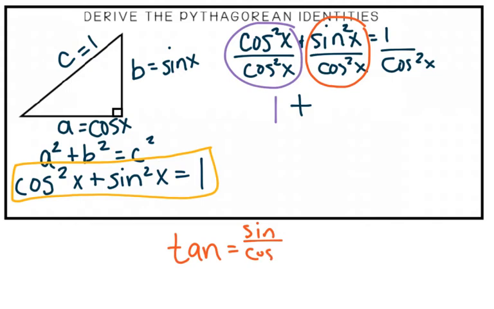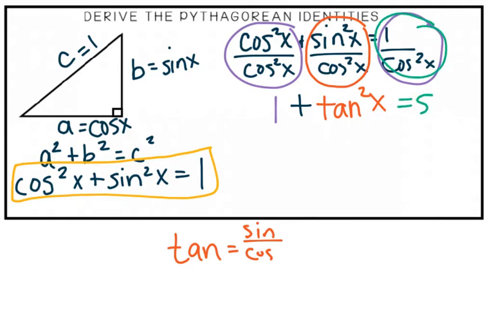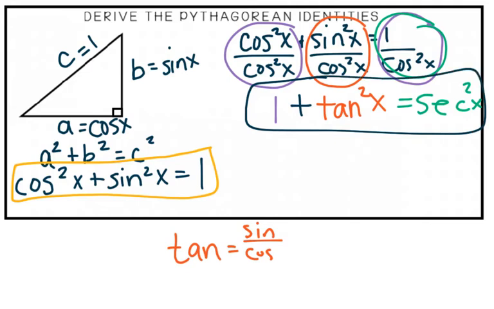So sine squared divided by cosine squared will be tangent squared. Alright, and then another thing that we should know is that secant is the reciprocal of cosine. So if I had 1 over cosine squared, that would be the same thing as secant squared.